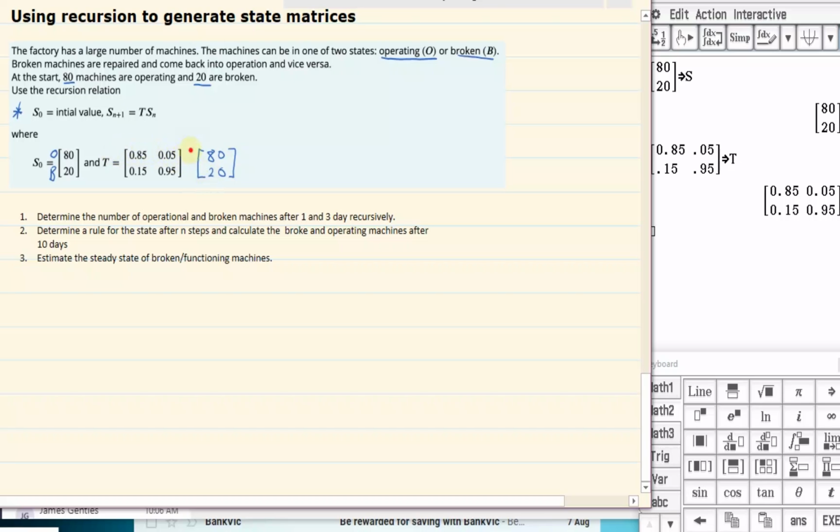So this is our operational rows. And so this is our broken rows. So first row, second row, and we can apply that to the columns as well by putting first column, second column, to match the first and second rows.